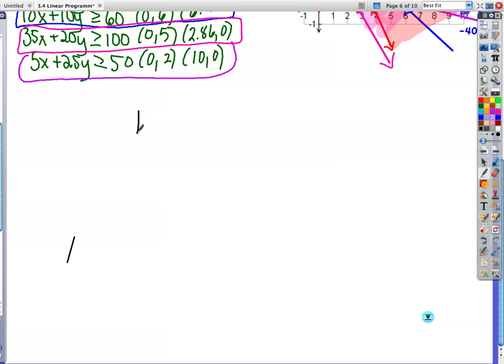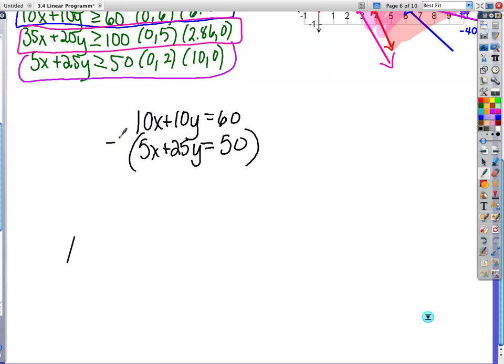I had 10x plus 10y is equal to 60, and then I had 5x plus 25y is equal to 50. I was just in the process of multiplying the whole bottom equation times -2.